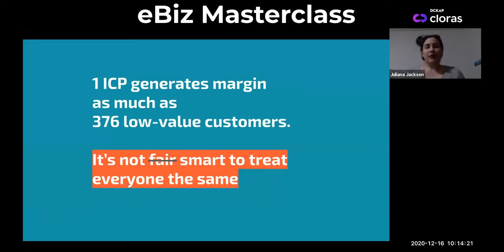Usually, one ideal customer profile generates as much margin as 376 low value customers. And we know this because of another case study that we did with a company called Otter. After doing some qualitative analysis, we found out that the customers they were bringing in all the time were not as valuable as one ideal customer profile.